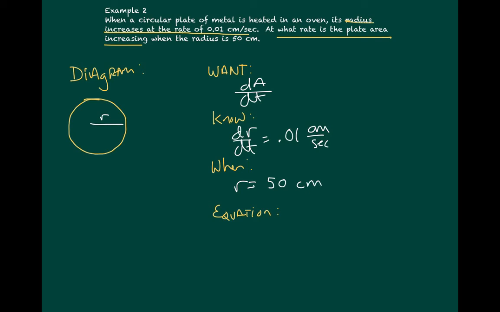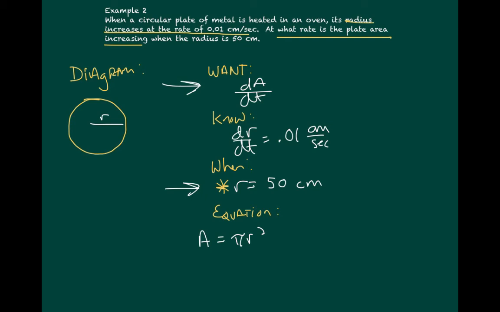Okay, what equation relates these? Well, clearly, the area, which is the rate we want, and the radius are related by the area of a circle. So area equals pi r squared. Now, it's very, very important that you don't plug in r at this point. You have to wait until we've taken the derivative.